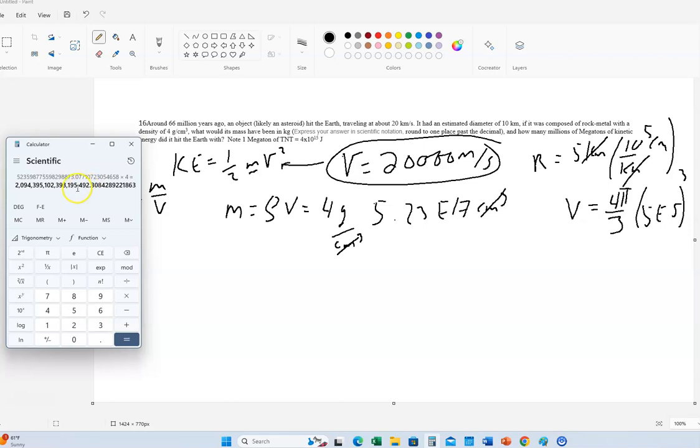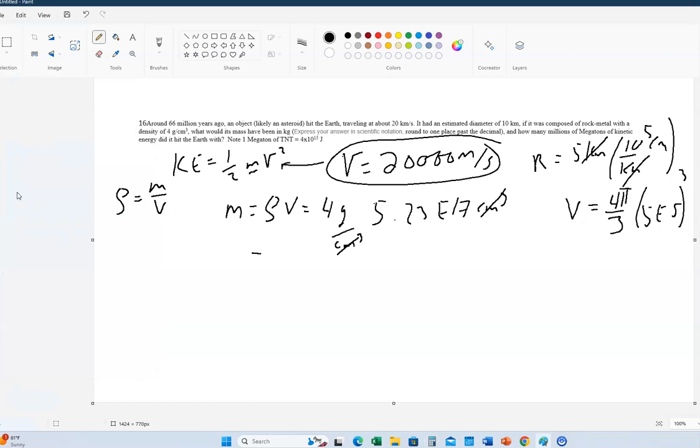So 1, 2, 3. There's decimals right here. 6, 12, 15. So it's like 2 times 10 to the 18th. I'm going to use this exact number. So it's about 2 times 10 to the 18th grams.